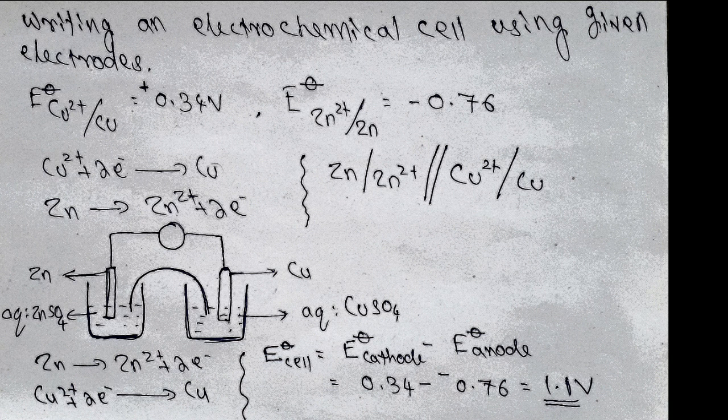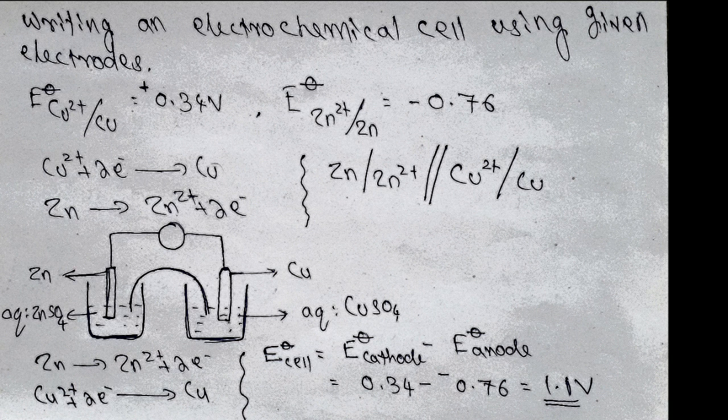So the electrode potential for copper is positive 0.34. A positive value shows that reduction takes place at the copper electrode. Reduction means Cu2+ receives 2 electrons and changes to Cu.